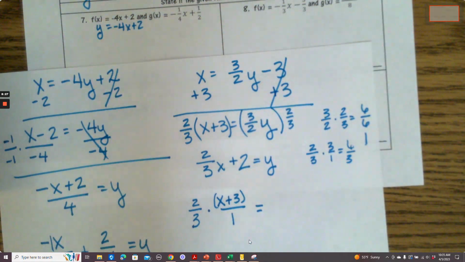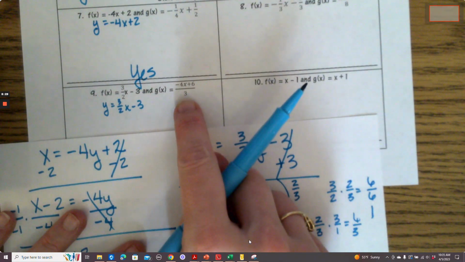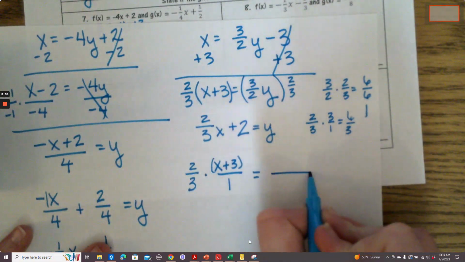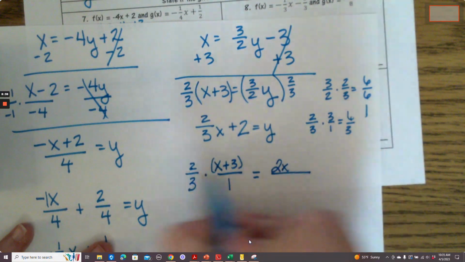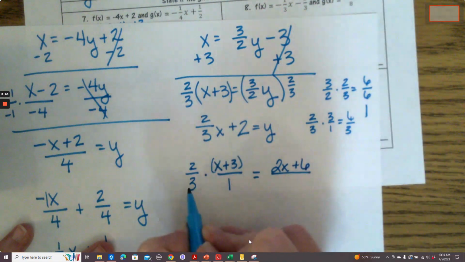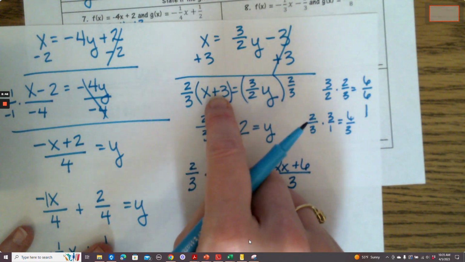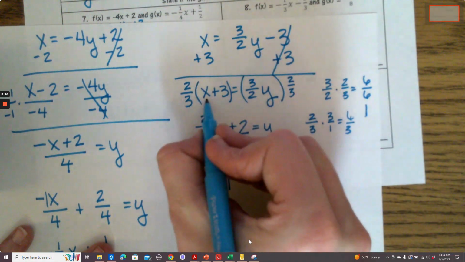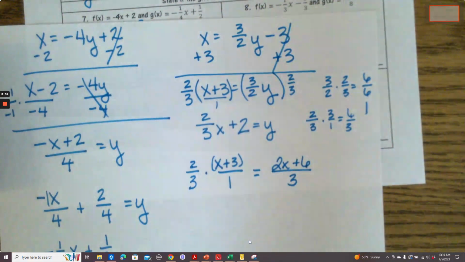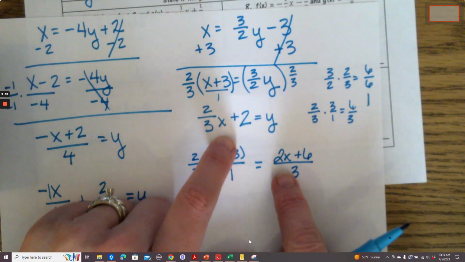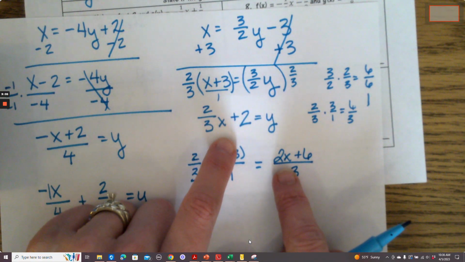So I could have my final answer as a complete fraction, not split like this. So 2 times x is 2x. 2 times 3 is 6. 3 times 1 is 3. Where'd you get the x plus 3 over 1? That's the same as this. I just made it into a fraction. I can turn any whole number expression into a fraction by putting it over 1. So, here's my two options: 2/3 x plus 2 or 2x plus 6 over 3.